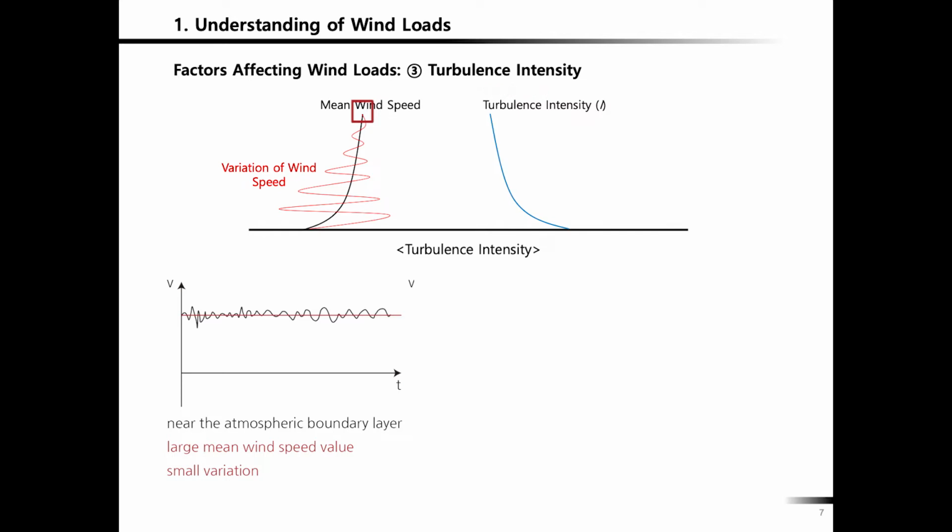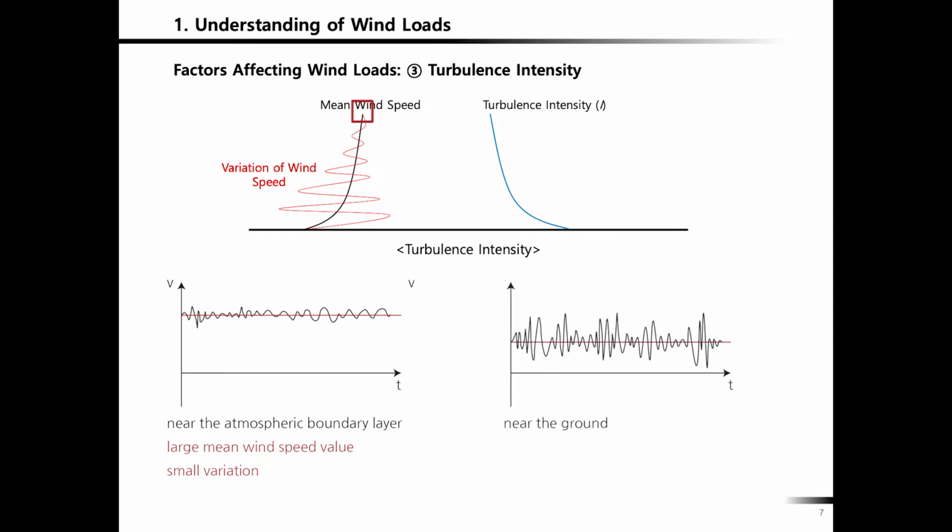Okay, but then near the ground, mean wind speed is not too large compared with this. But then you have a large variation, maybe. Maybe my drawing's not good. Okay. And maybe it's negative.